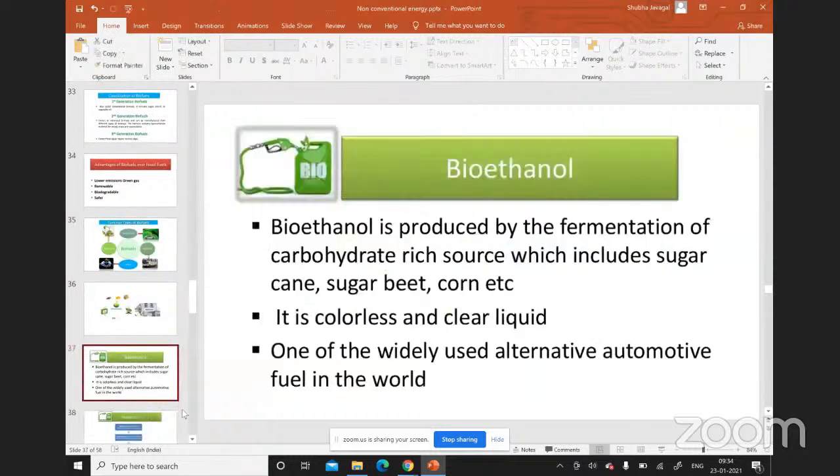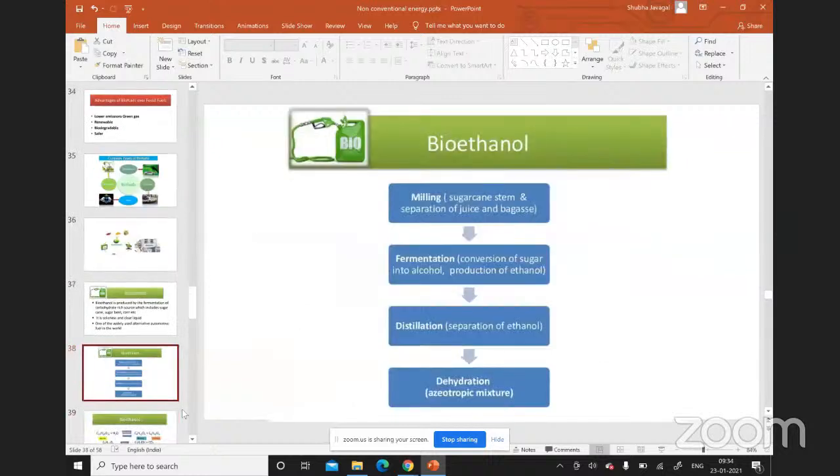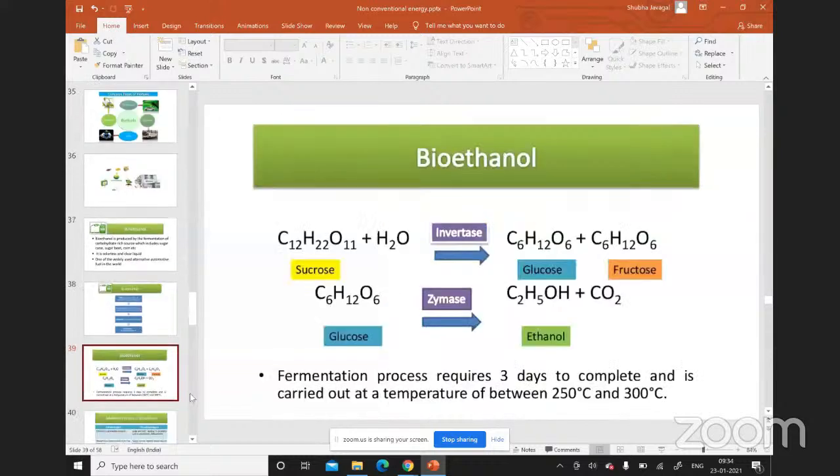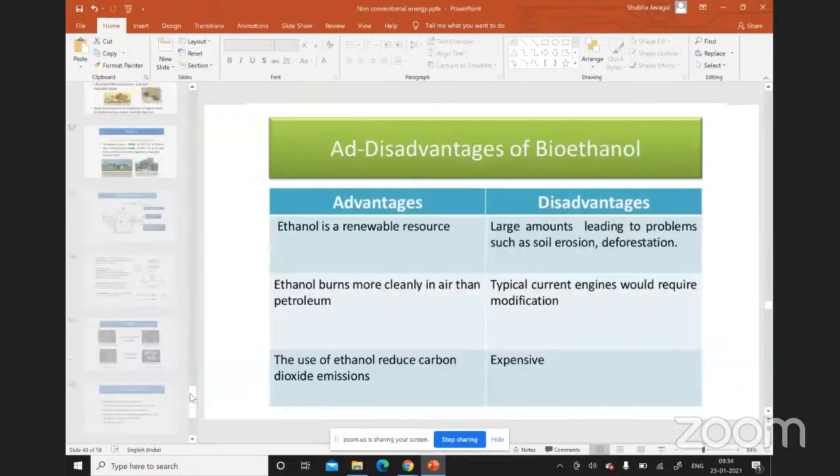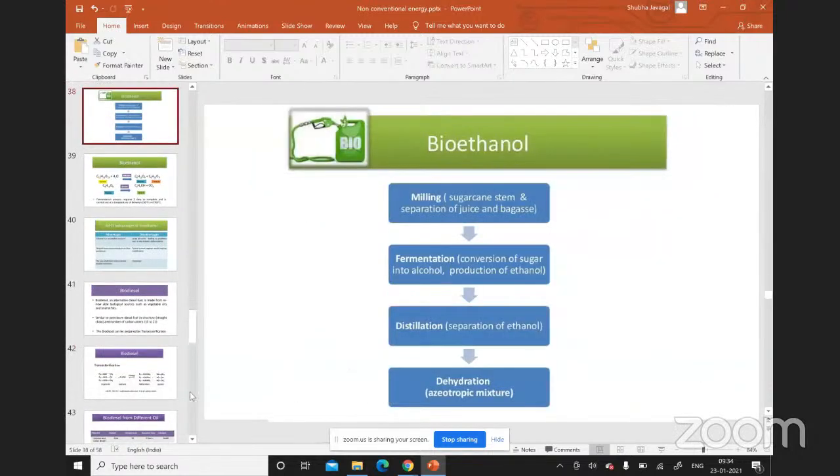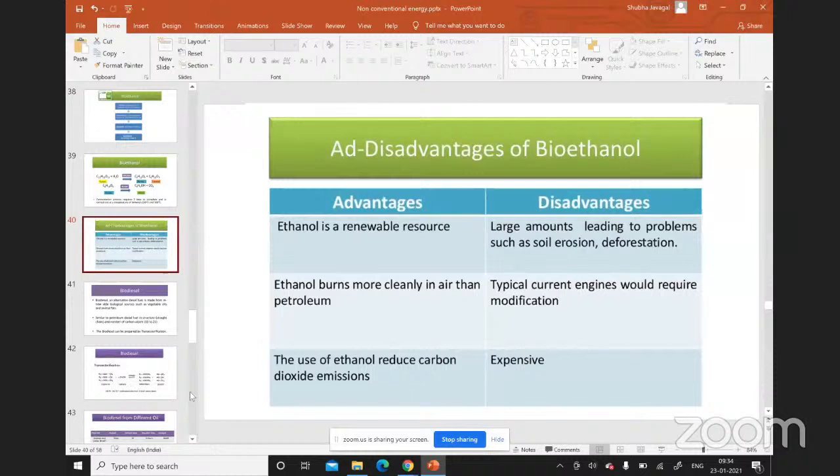I have detailed information about each one of these types of biofuels, and you can go through them later. How are they produced, the entire manufacturing process? You could just go through them at your leisure.